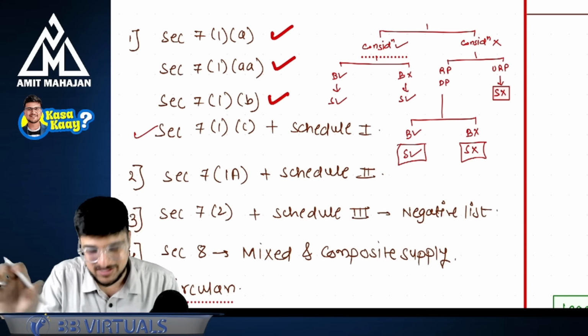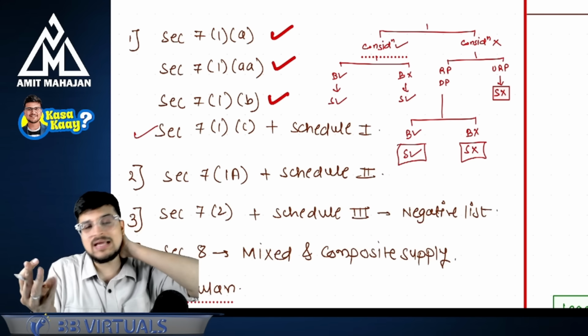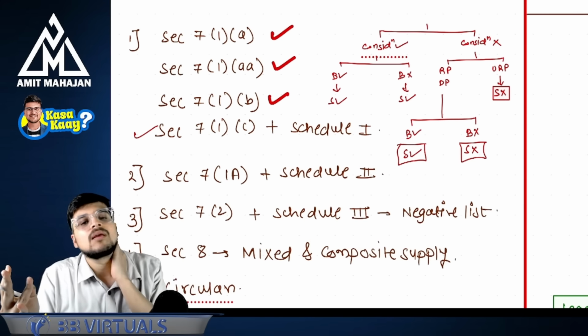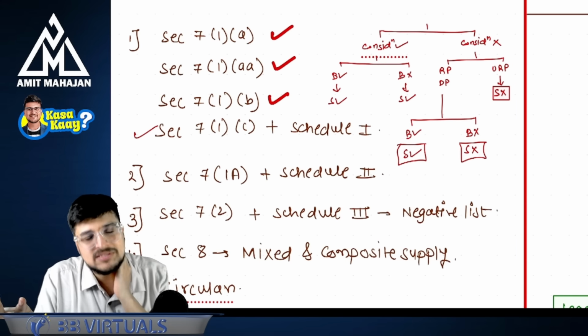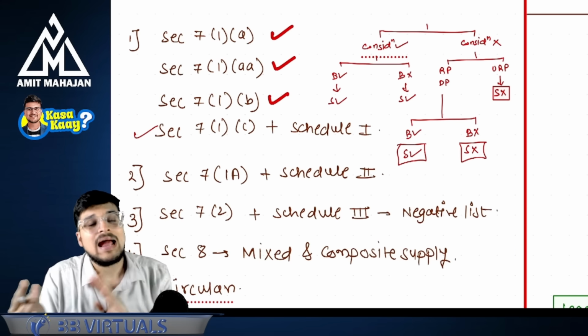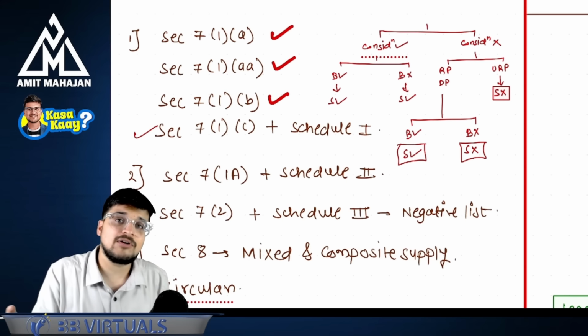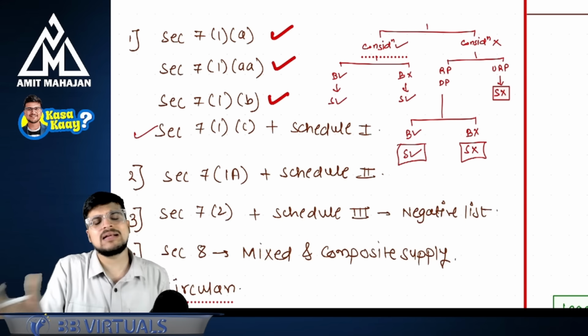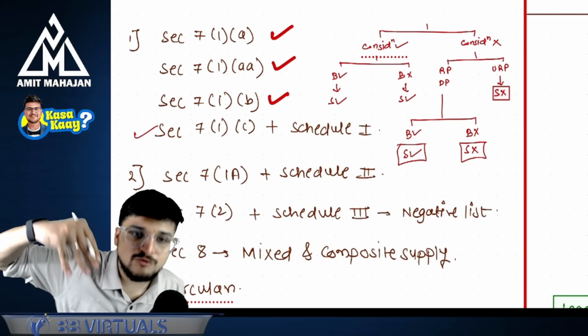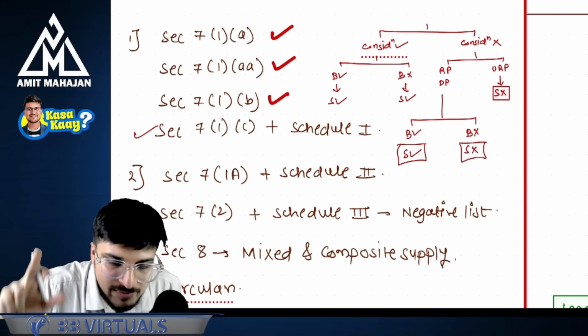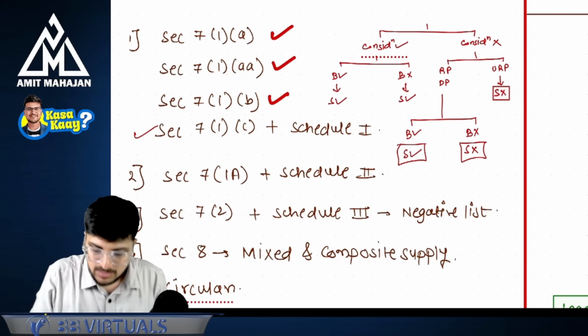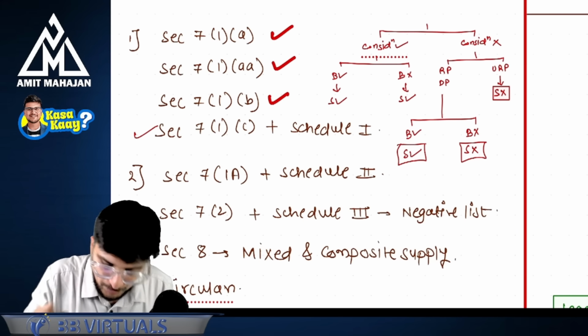Always say read with schedule 1. 7.1c, please understand it has 4 points: TRIP, transfer, related party or distinct persons, importation of service, and P is principal to agent relationship. Any transfer or any transaction without consideration in case of these 4 points will be considered as deemed supply. And these were important 4 points.